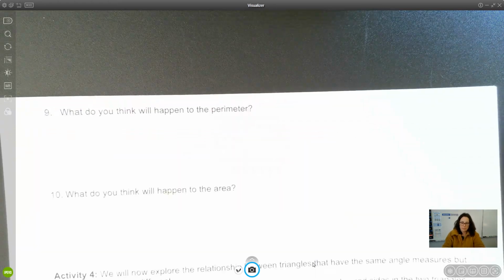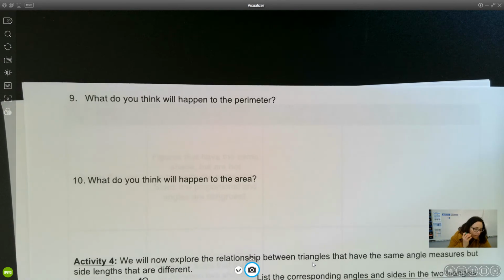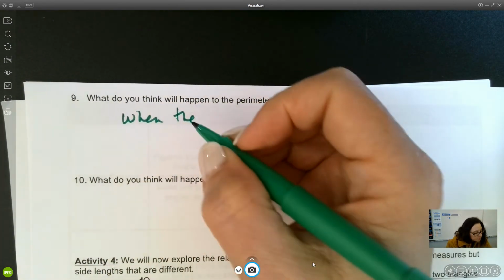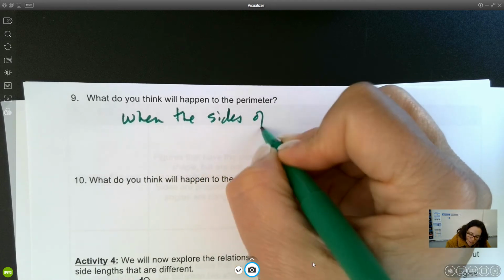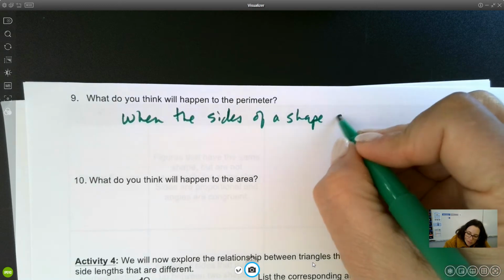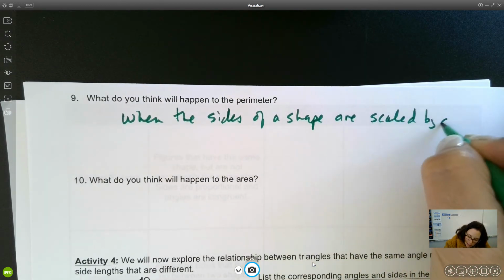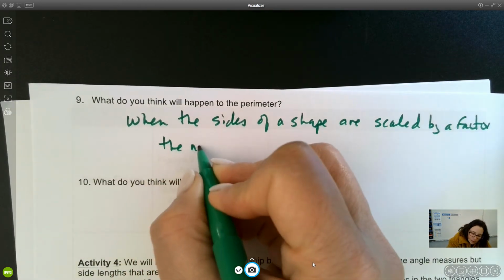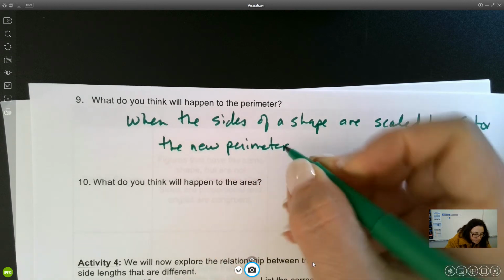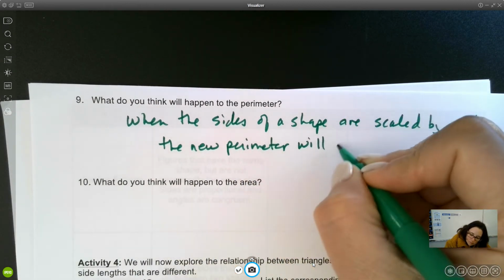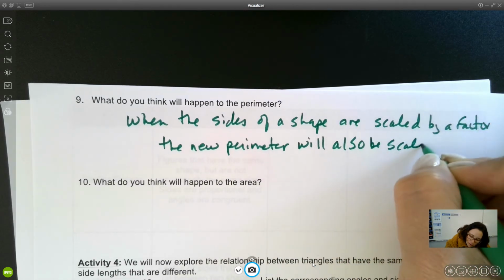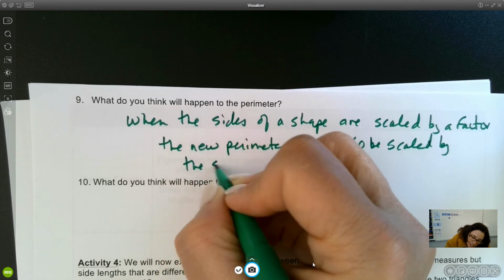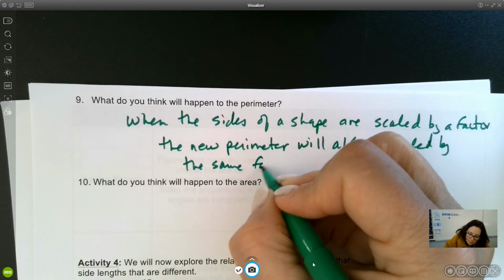What do you think will happen to the perimeter? Okay, when the sides of a shape are scaled by a factor, remember that factor could be 2, 3, half, 1/4, 1/3, the new perimeter will also be scaled by the same factor.